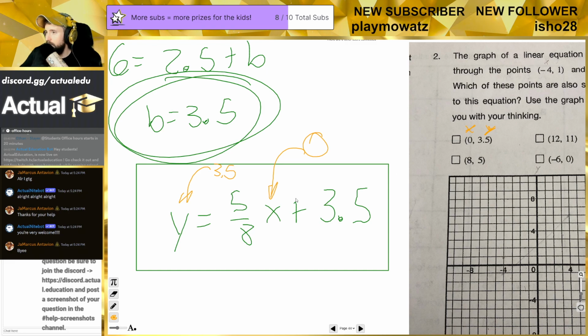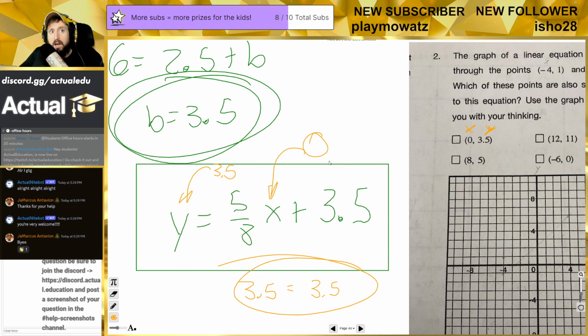You get 3.5 right here. What's 5/8 times 0? 0, and then plus 3.5. Do you see how I get 3.5 is equal to 3.5? That's a true statement. Because that happens, we say that this point is on this line, or that this line does describe this point.